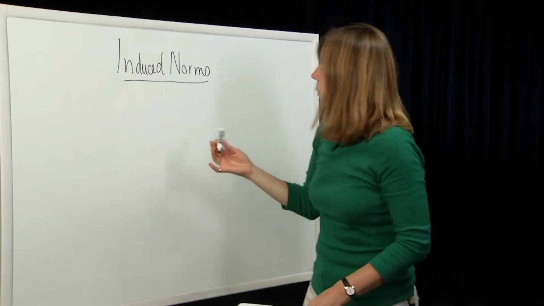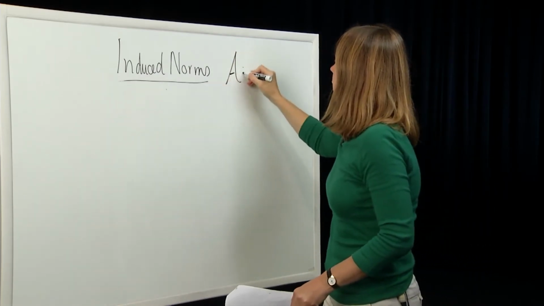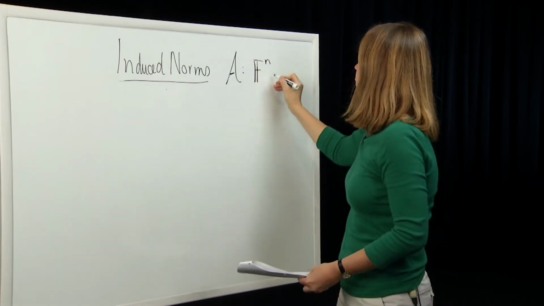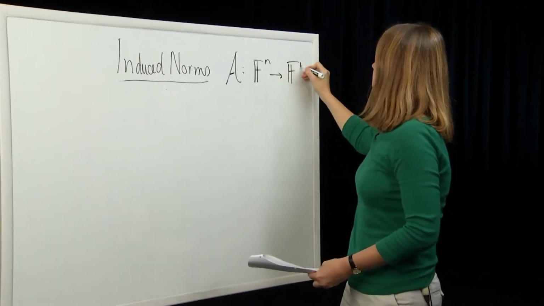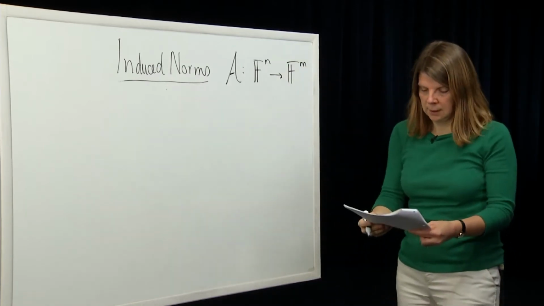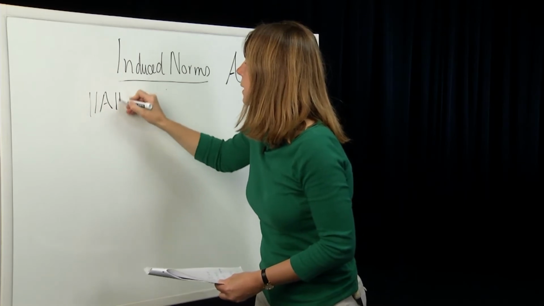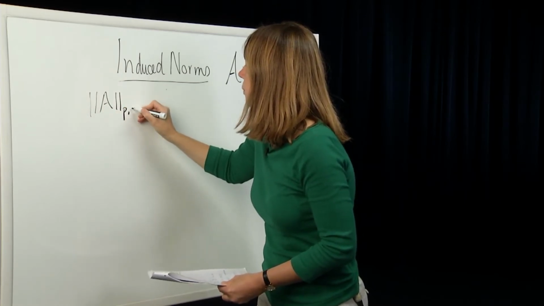Okay, so now we've got an operator A, which is taking R, or let's generally call it F over our field, F^n to F^m. And we've just written down, and we'll use the notation p to represent the particular norm we're choosing.